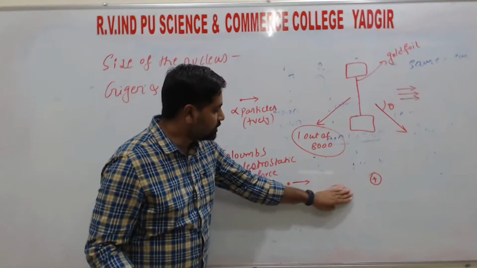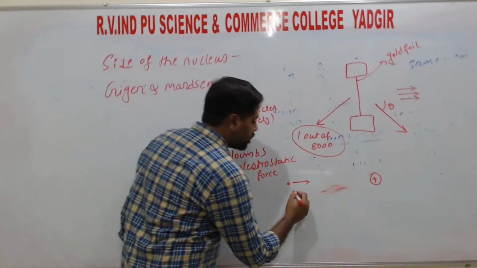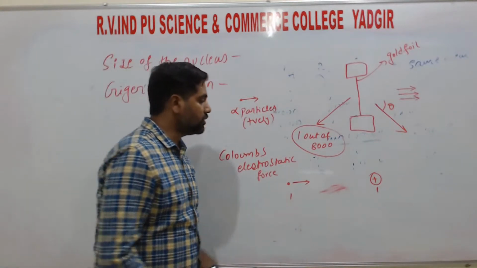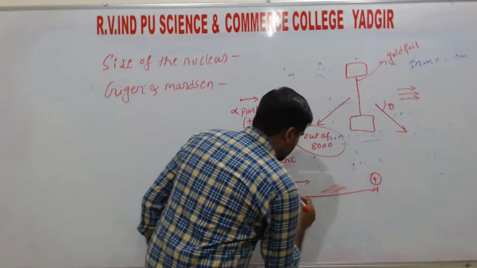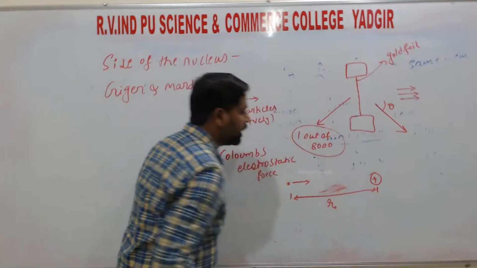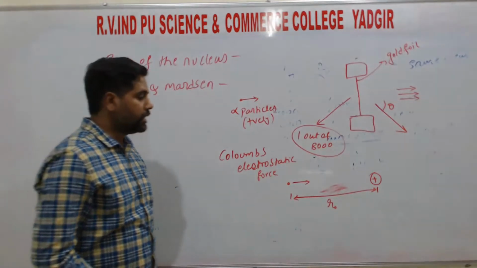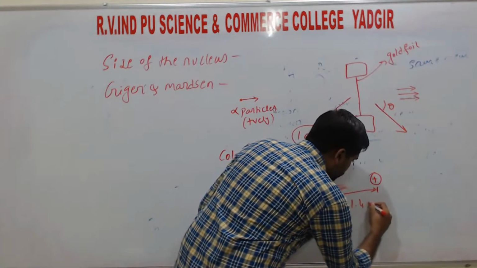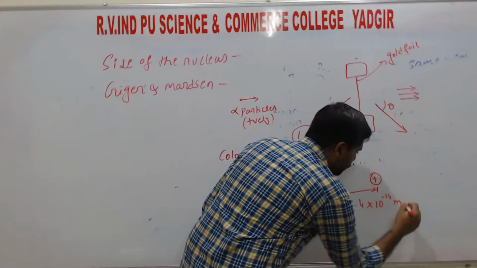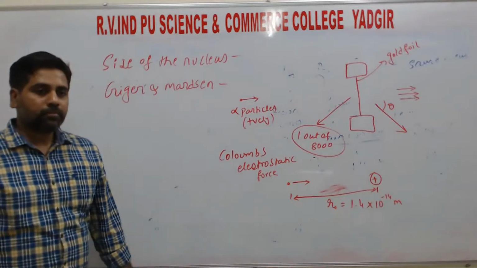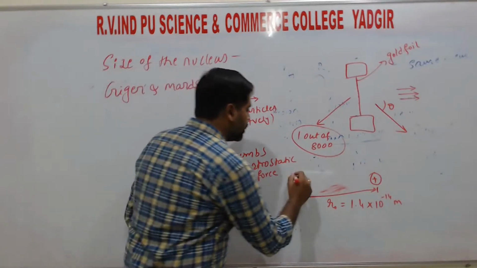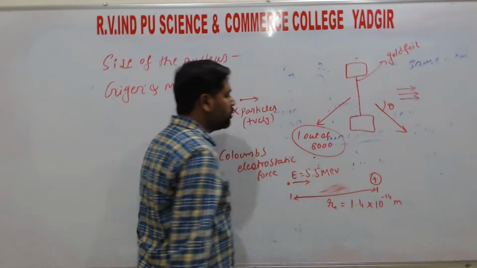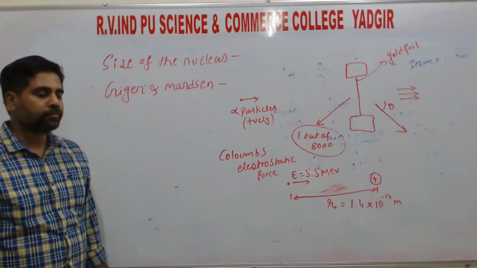So while doing this experiment, he found the closest approach of the alpha particle to the nucleus, that is the distance of closest approach. This one is denoted by R0, where R0 is the distance of the closest approach, and that value is equal to 1.4 into 10 to the power of minus 14 meter, when this alpha particle has the energy E equal to 5.5 mega electron volt, right?